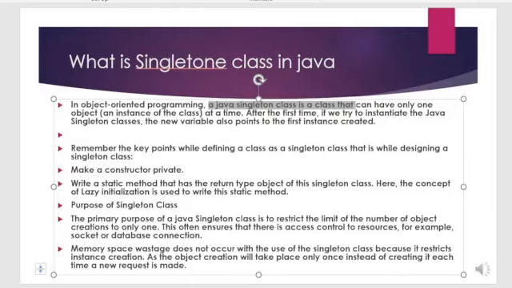Memory space wastage does not occur with a singleton class because it restricts instance creation. The object creation takes place only once, instead of a new instance being created each time a new request is made.